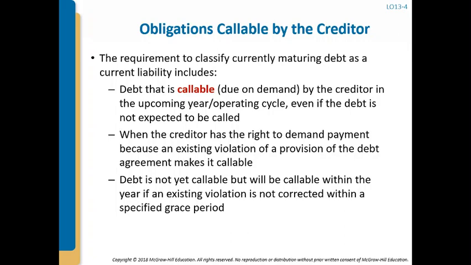Let's say they require you to have a certain debt to equity ratio, and you've exceeded it, you've got too much debt. So you've exceeded your debt to equity ratio under the agreement.